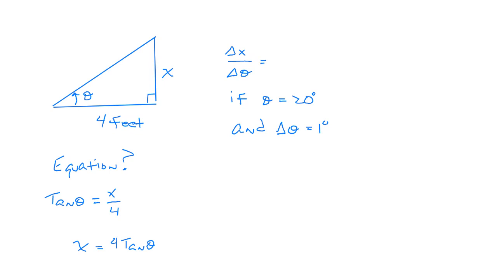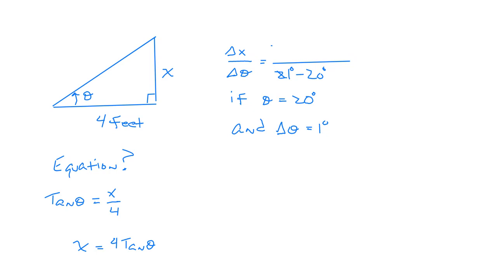Okay, so here goes. The change in x divided by the change in theta, if theta is 20 degrees and it changes by 1 degree, is going to be calculated this way: 21 degrees minus 20 degrees on the bottom, and on top, what's x?